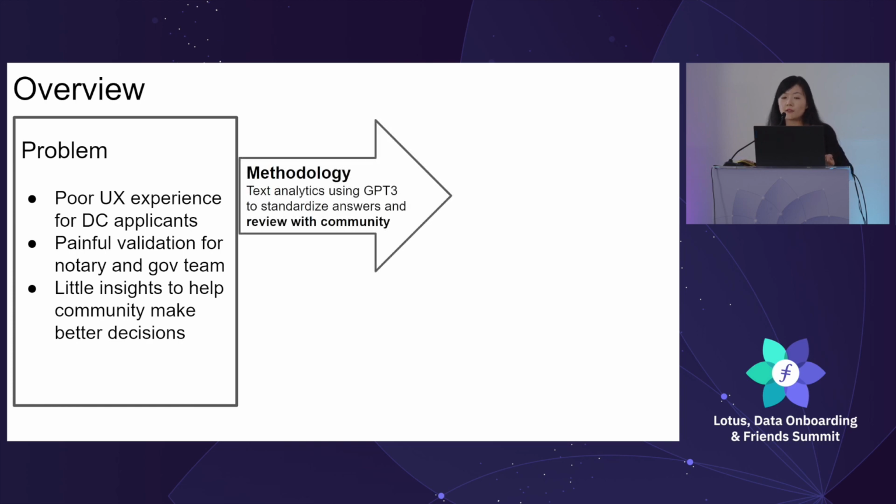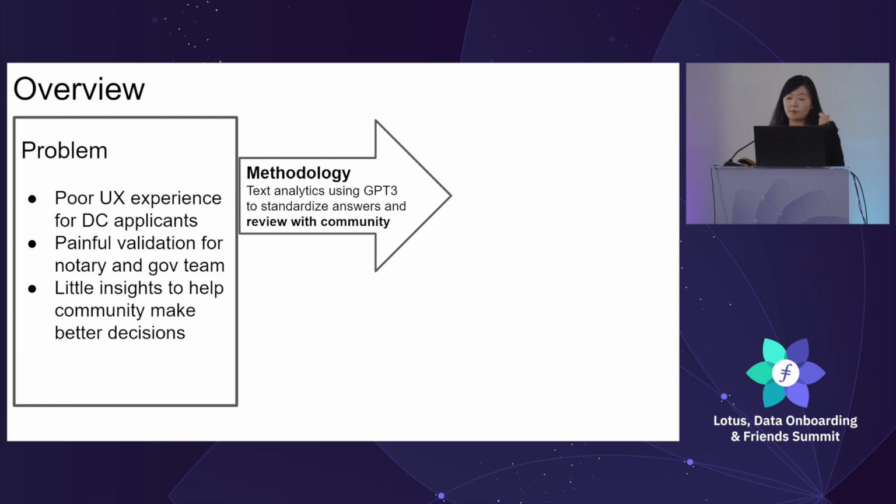So the methodology here is, first, given most of the answers are paragraphs of text, I applied GPT-3, which is an awesome AI language understanding model, to try to understand and synthesize the information and standardize the language.